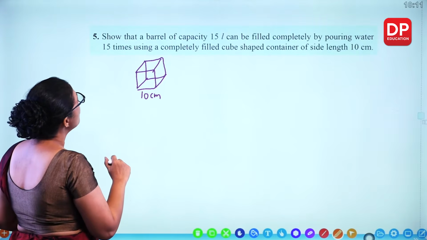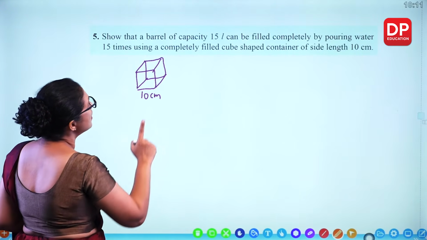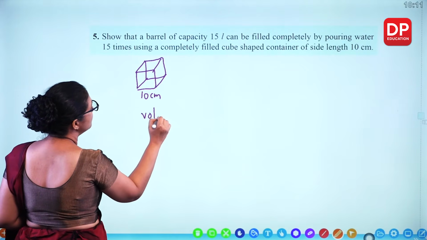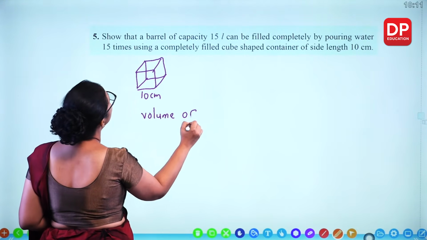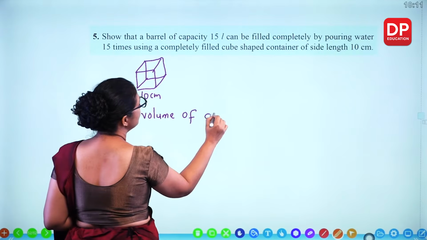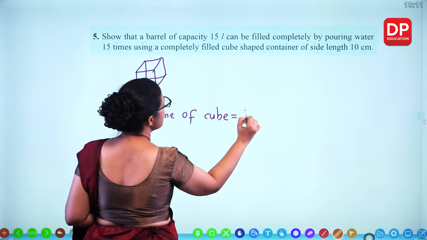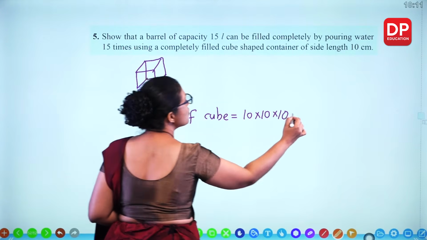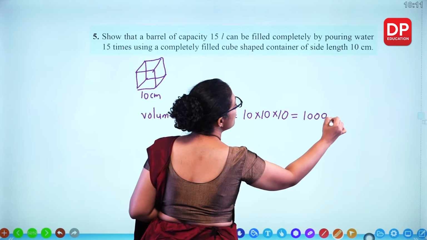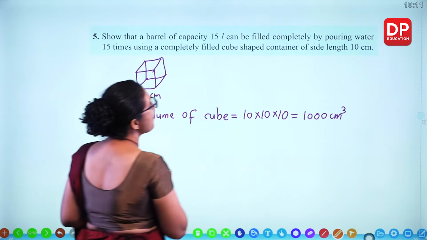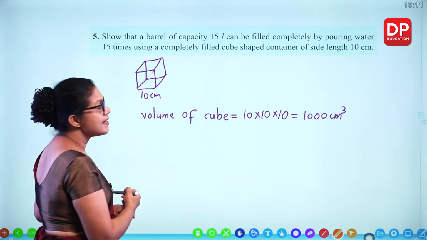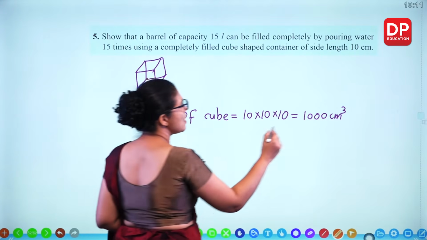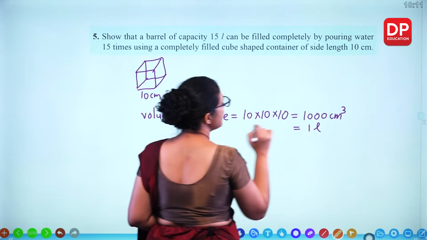So we'll find out the volume of the cube. 10 times 10 times 10. That's 1000 cubic centimeters. This is equal to 1000 milliliters, or same as 1 liter.